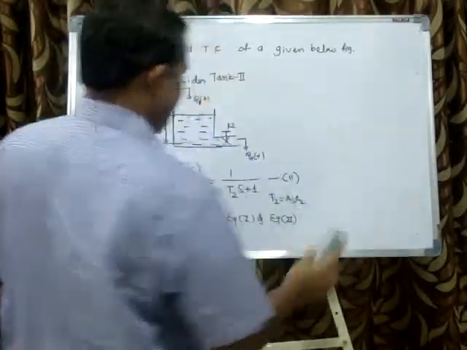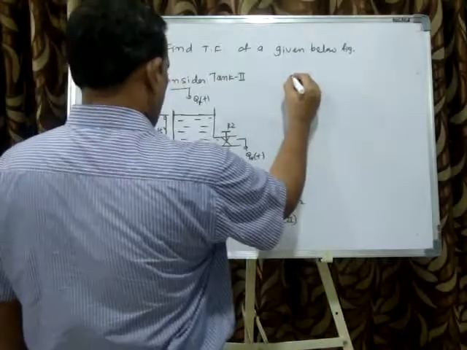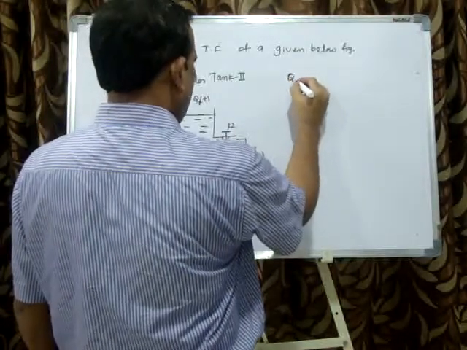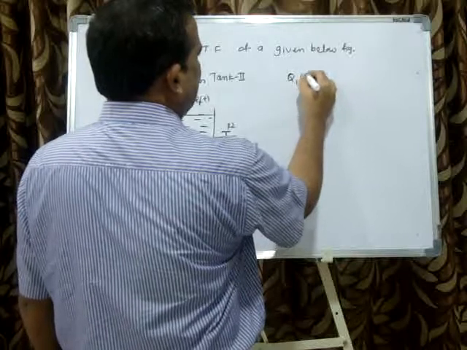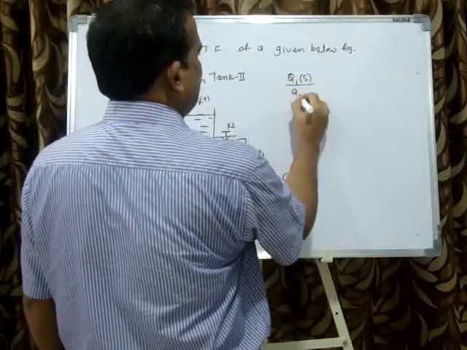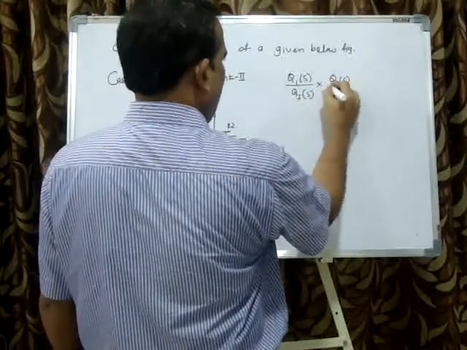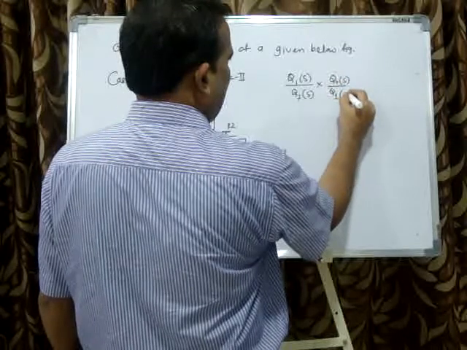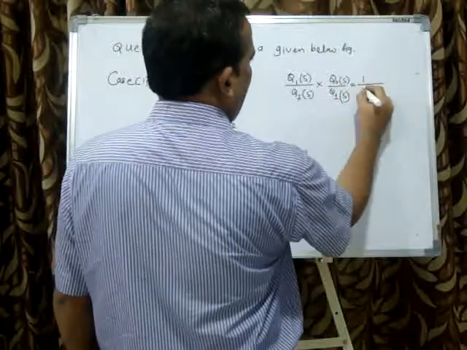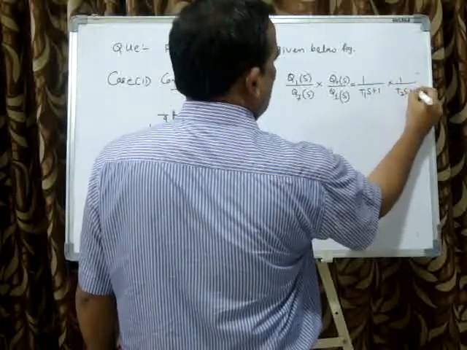Equation 1 and 2. Okay, now I'll write Q. What is equation number 1? Q1 of s divided by Q0 of s into Q0 of s divided by Q1 of s equals 1 by T1s plus 1 into 1 by T2s plus 1.